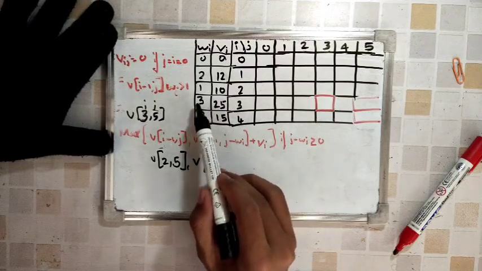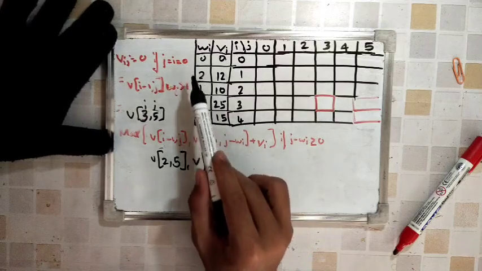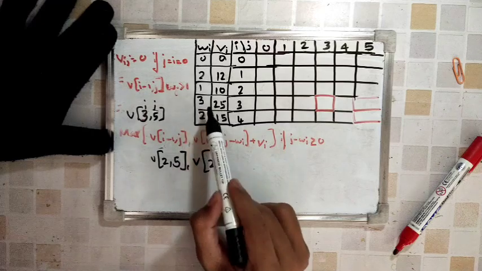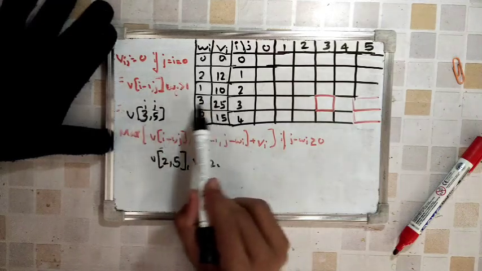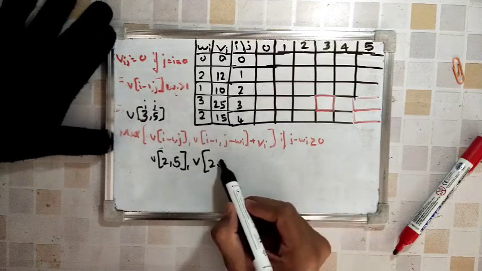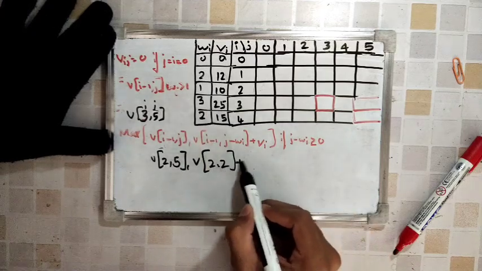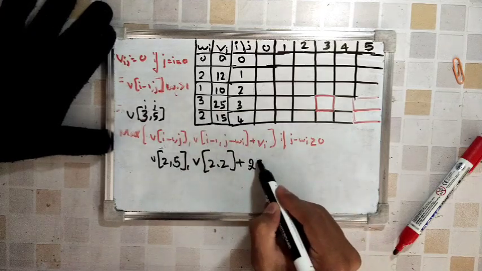Wi is here: it is w1, w2, w3, w4. So for 3 5, this place is wi. So 5 minus 3 is 2 again, plus the profit in this place, 25.